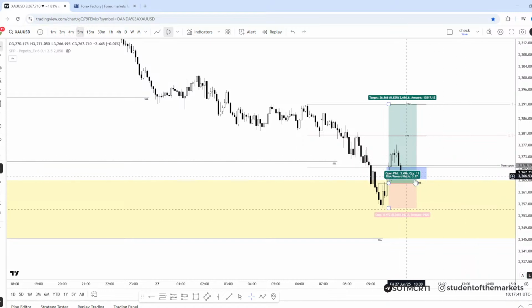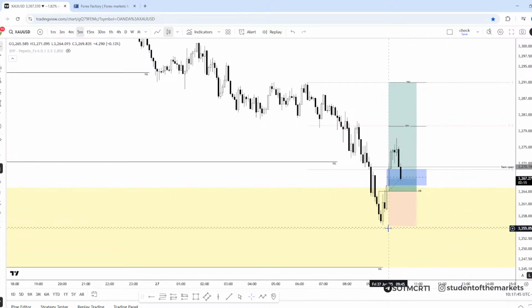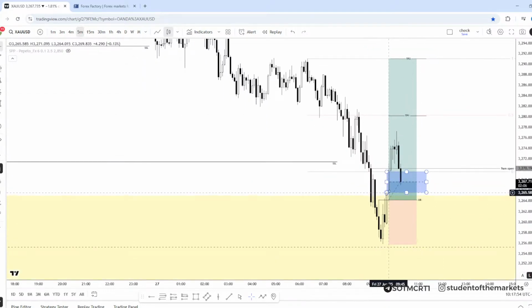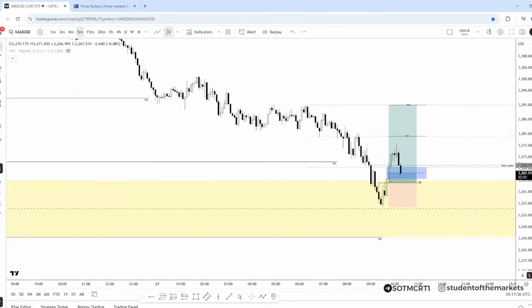So if price does close below the fair value gap, then at that point I most likely will move my stop loss to break even, if price closes below the fair value gap on the 5-minute time frame.